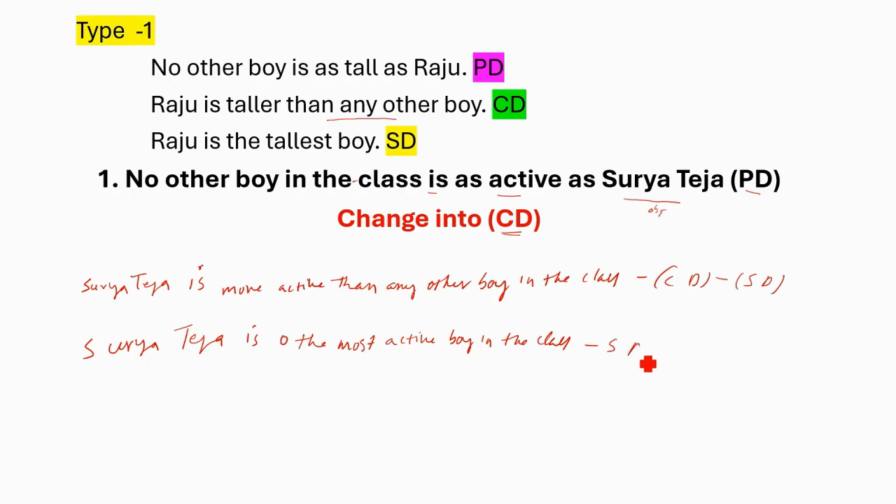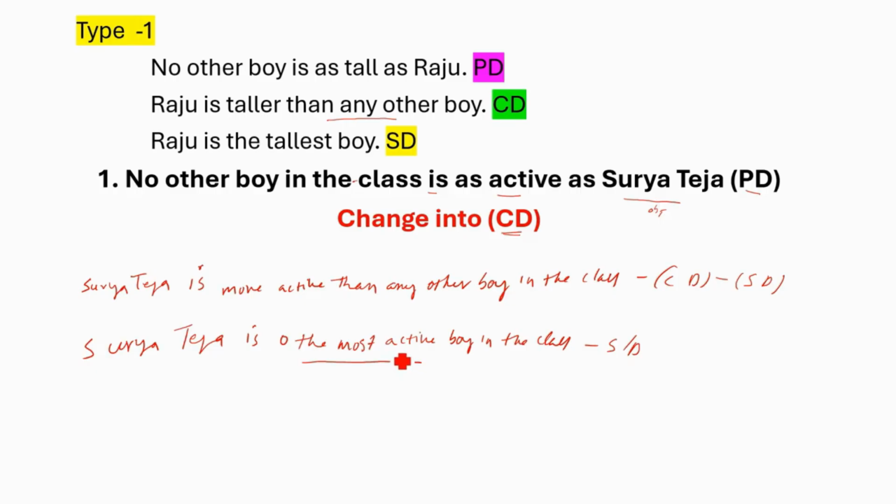This is the superlative degree. We don't change anything, we just have to change the article plus est. Okay, Surya Teja is the most active boy in the class.